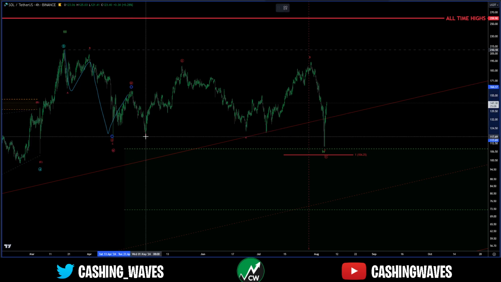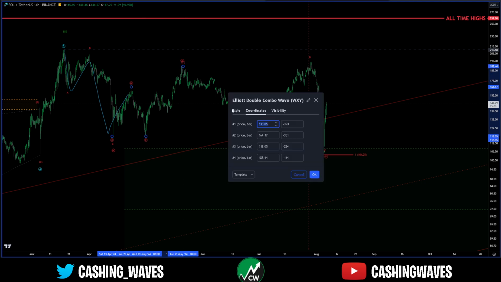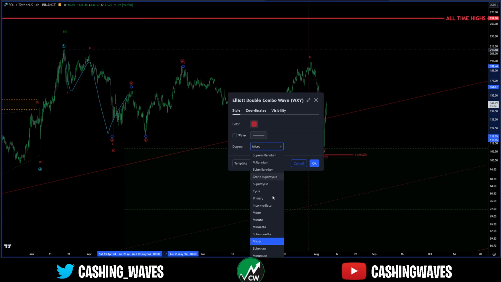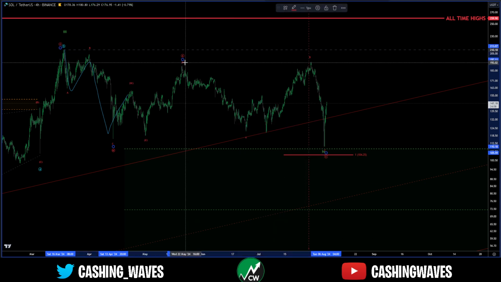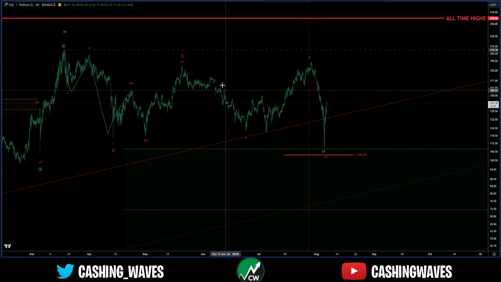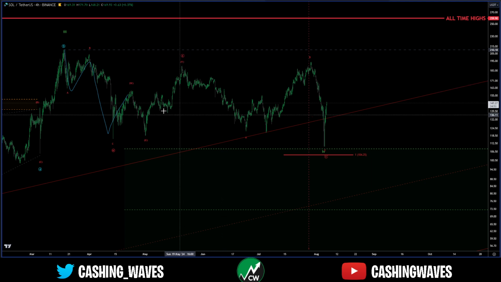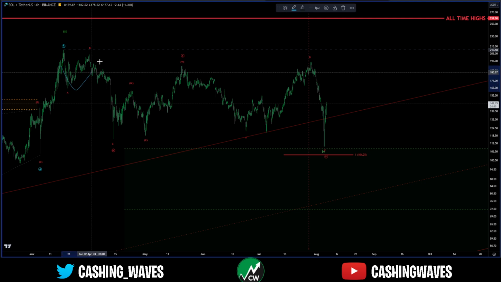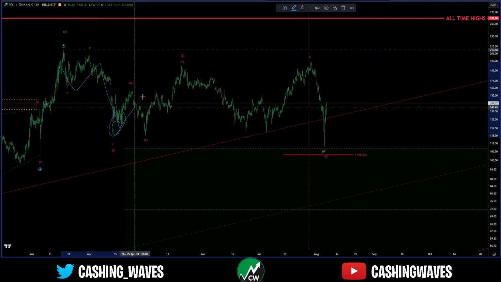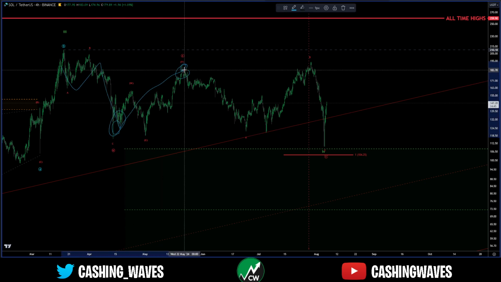Double zigzag, ABC, ABC. Put that on the lowest submicro. Sorry about that. So we have our ABC for our W wave, X wave as a double zigzag, and this would have to be a flat from this X wave high right here.